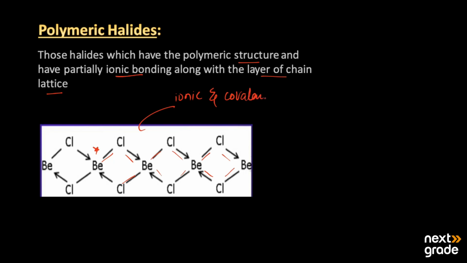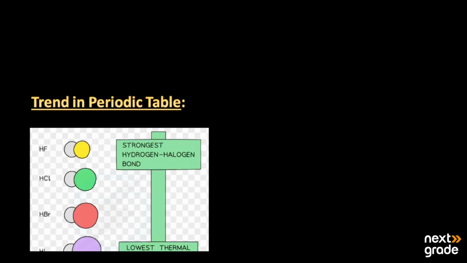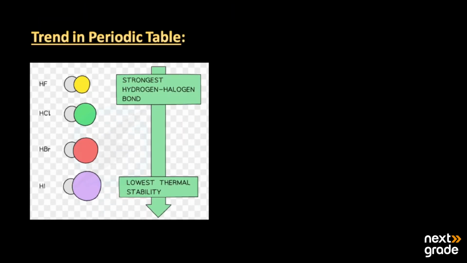That's why they are known as polymeric, because poly means many, and meric means parts. So they can have both the properties of ionic as well as covalent.